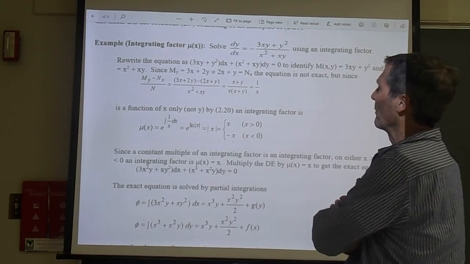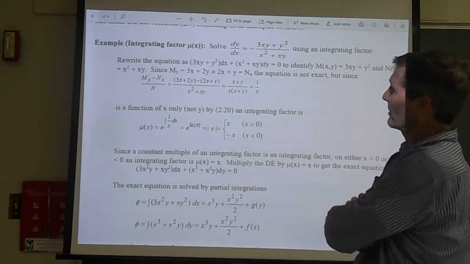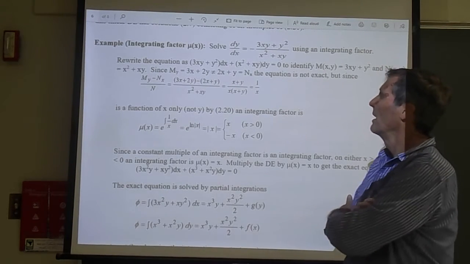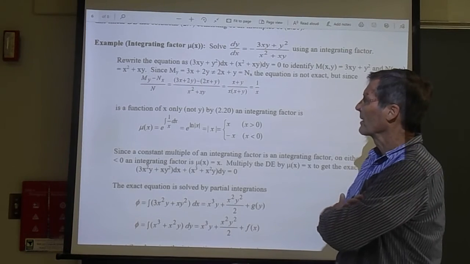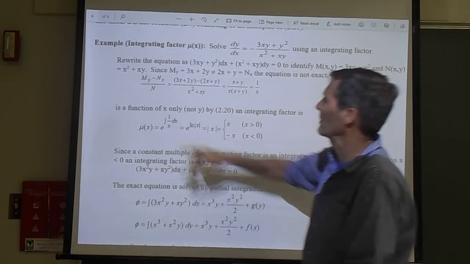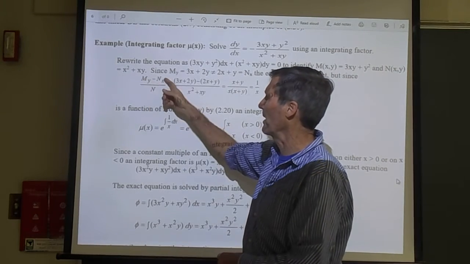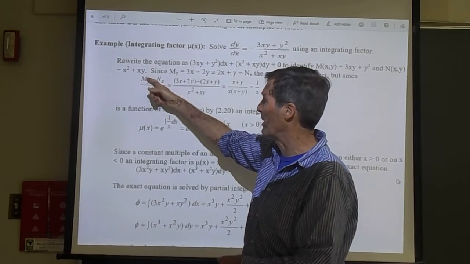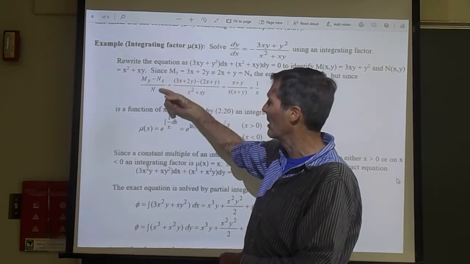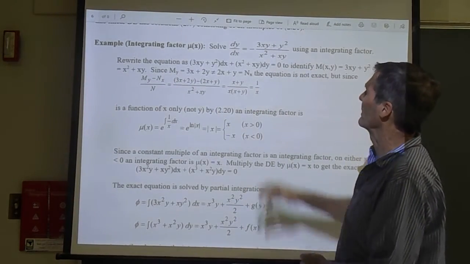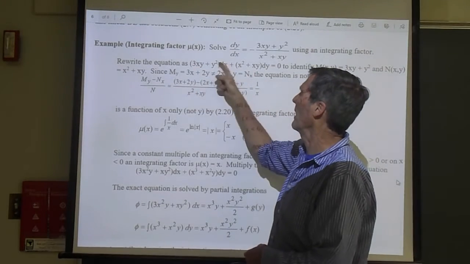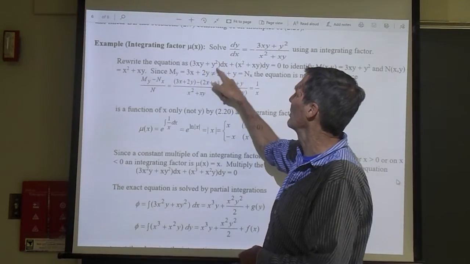So we're going to hope that we can multiply through by some function of x alone or some function of y alone that will make this an exact equation. So what would we do? We try those two things we said. We'll compute (M_y minus N_x) over N, meaning partial of M with respect to y minus partial of N with respect to x, all over N. We're going to hope that's a function of x only.